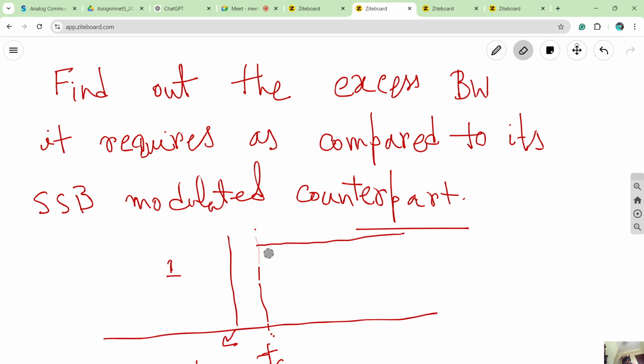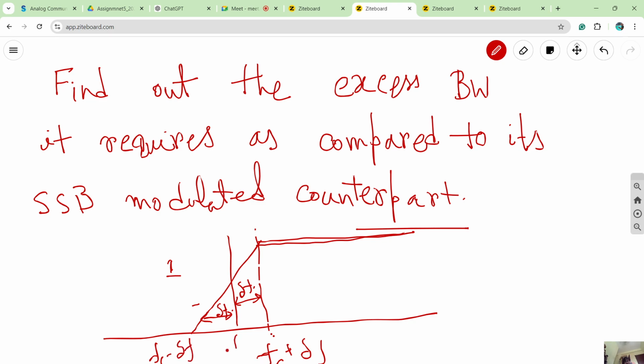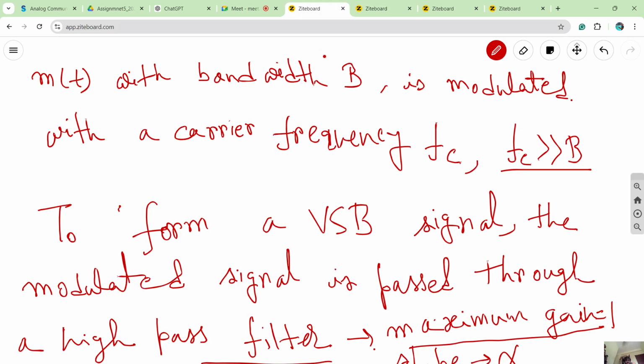Let me draw the picture. So this is the filter for the VSB. This distance is delta F and this distance is also delta F. So this is Fc plus delta F and this is Fc minus delta F. This is Fc. So this is the filter characteristic, a high pass filter.